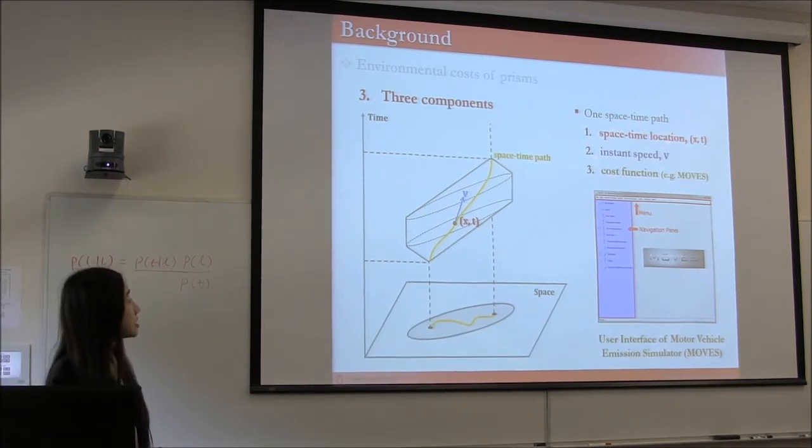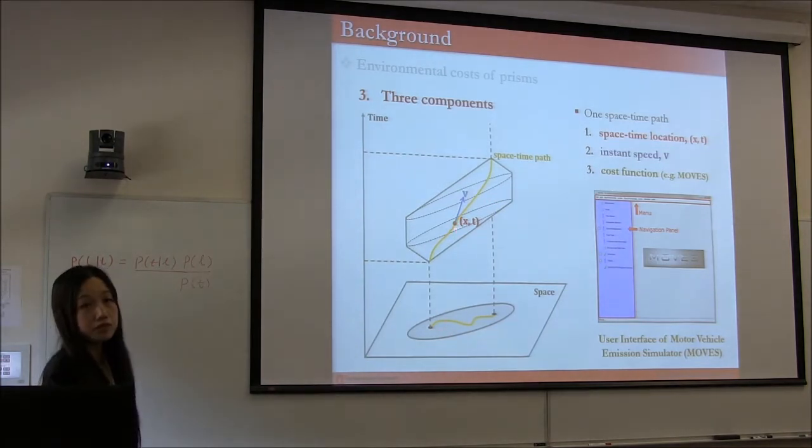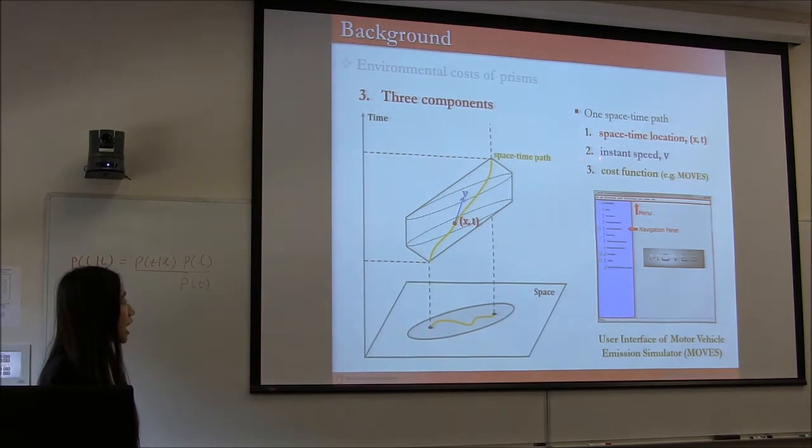For one space-time path, it will consist of a sequence of space-time locations, which is a location with geographic coordinates as well as the time of presence at that location. And when a space-time path passes that location, it will have an instant speed associated with it.